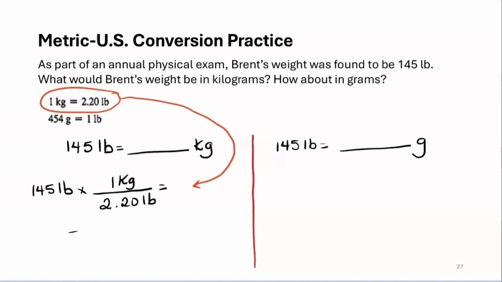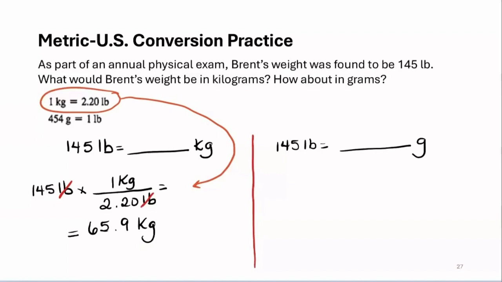That means that the calculator display needs to be rounded to 3 significant figures. So based on the numbers that I have, my final answer is 65.9 kilograms. Let me just cancel the units for pounds, because we always have unit cancellation diagonally. So 145 pounds equals 65.9 kilograms.